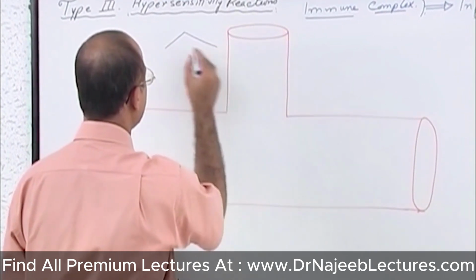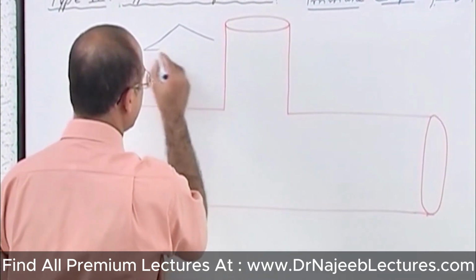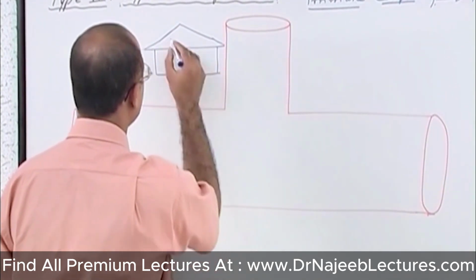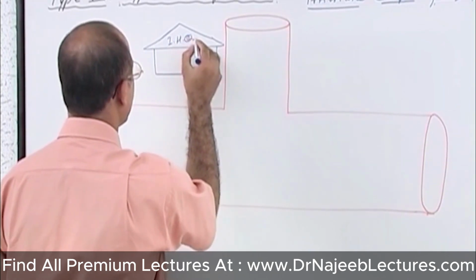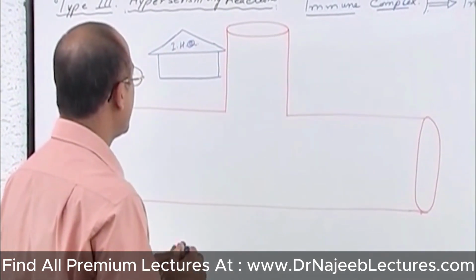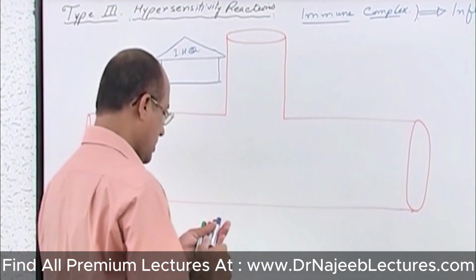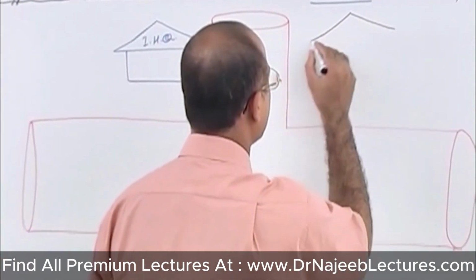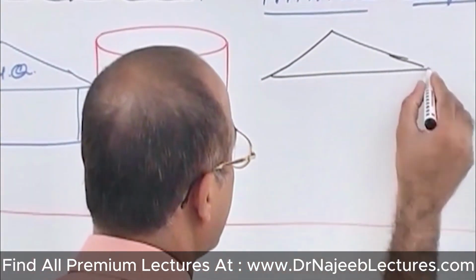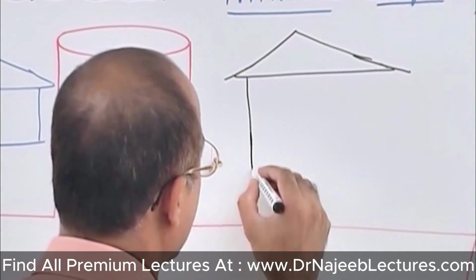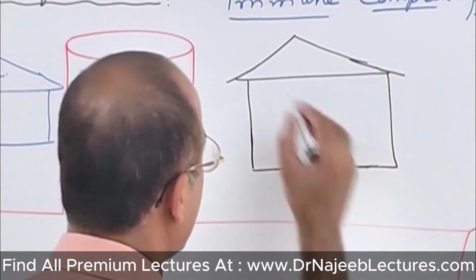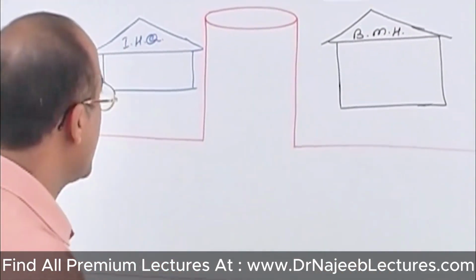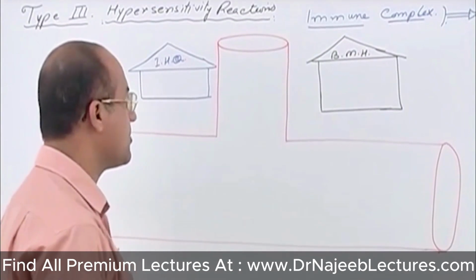This is your immune system, immune headquarters, right? Here we make the bone marrow house. Bone marrow house, right? Now we'll take an example of what really happens.